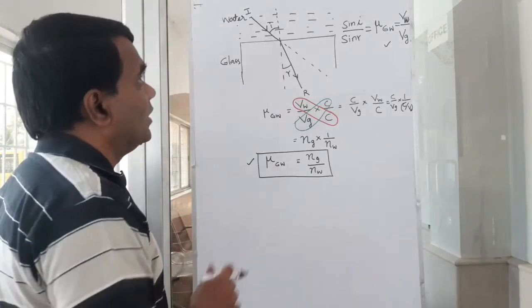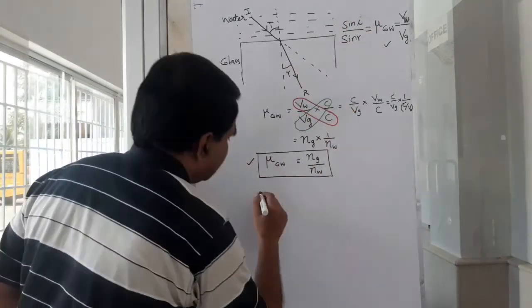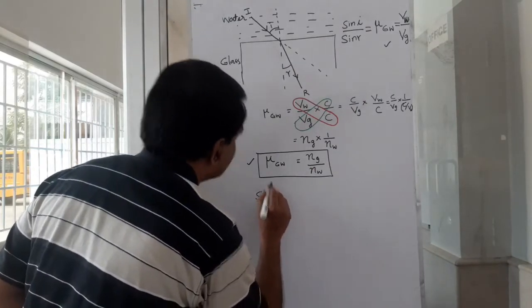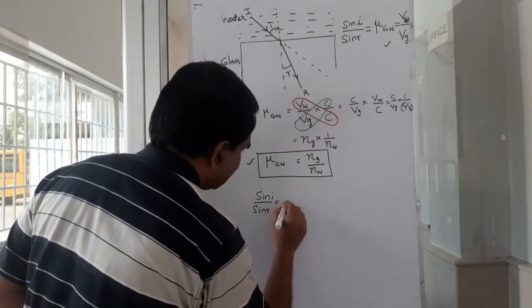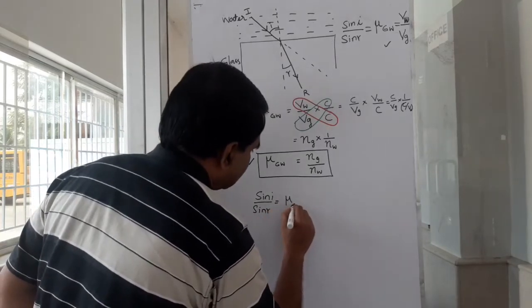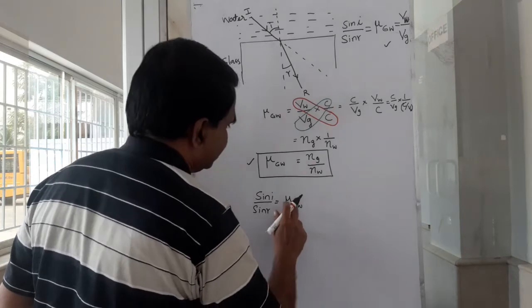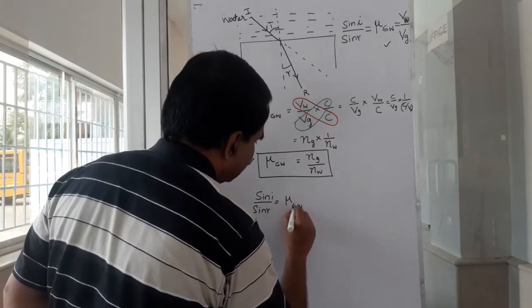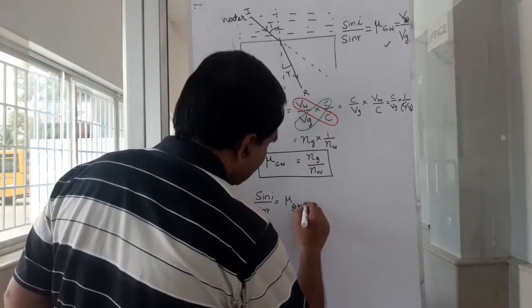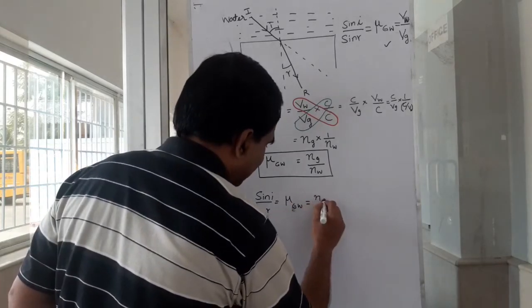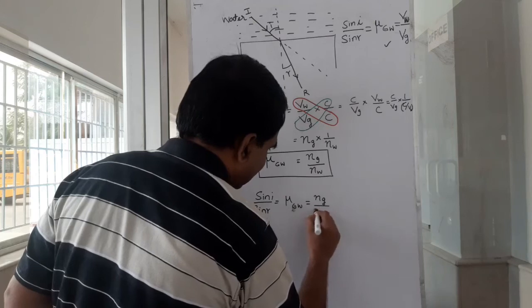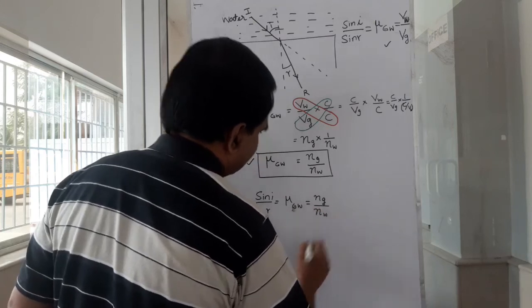Okay. So that equation becomes sin i by sin r is equal to the refractive index of glass with respect to water. I'm using capital G, right? So it is equal to the refractive index of glass divided by the refractive index of water.